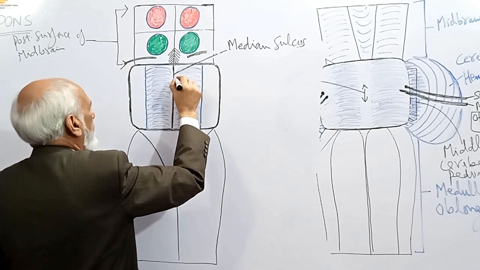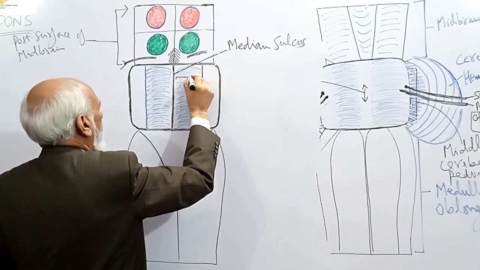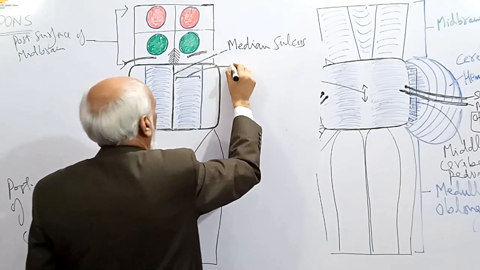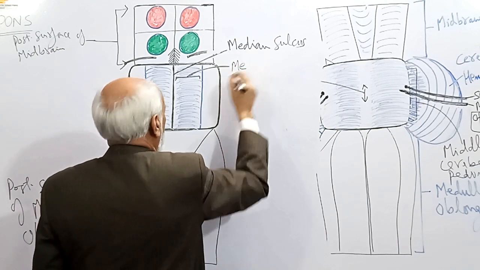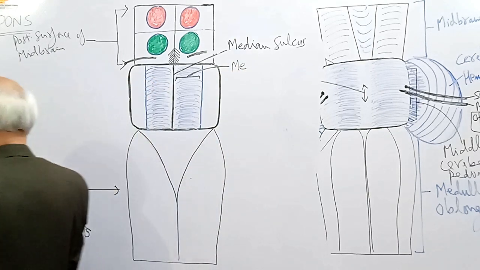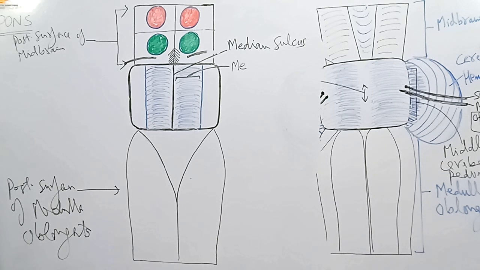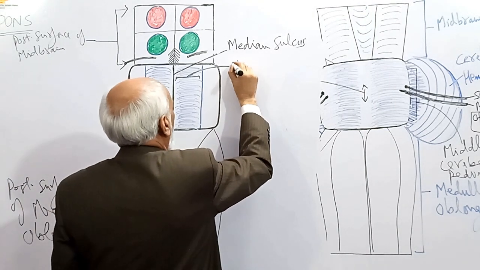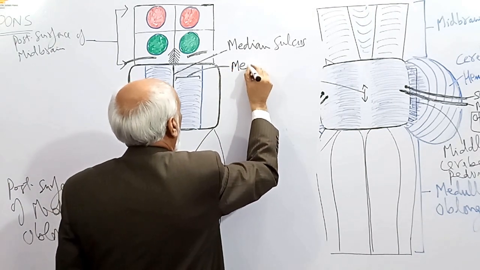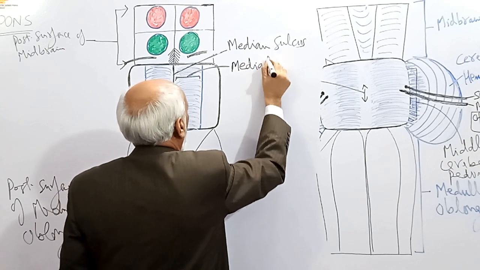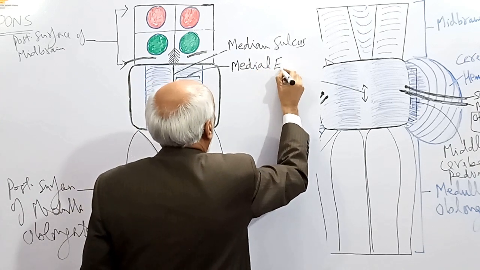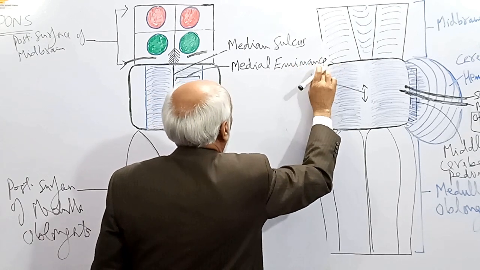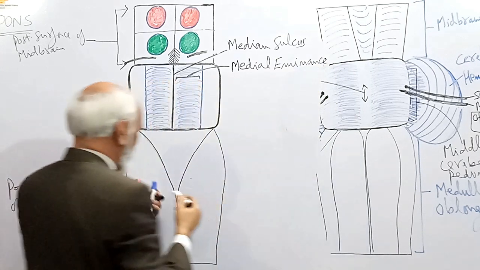Now this vertical ridge is known as the medial eminence.